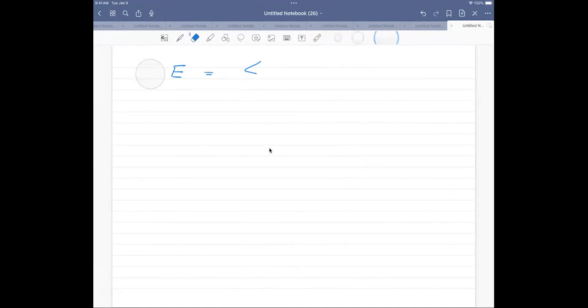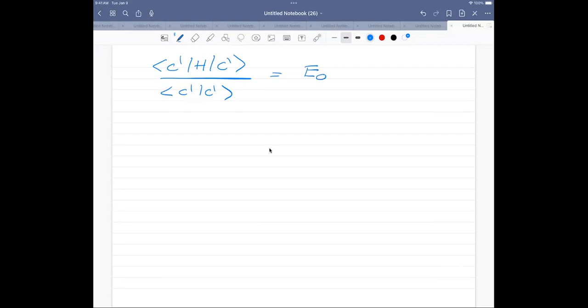When I look at my contribution of C prime of H of C prime divided by this term here, I'm going to rewrite this in terms of E Hartree-Fock. And then you can actually show that we get these contributions which we've been looking at.